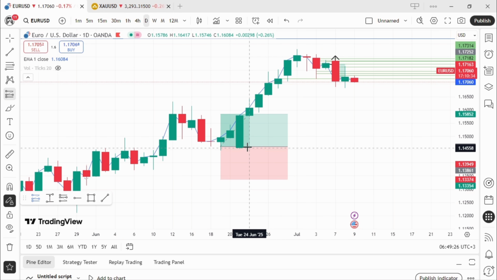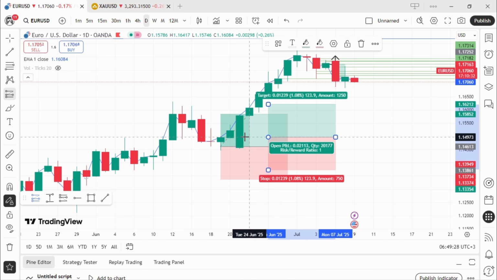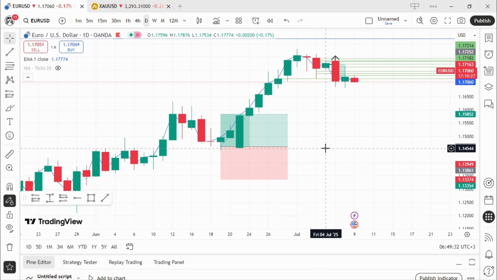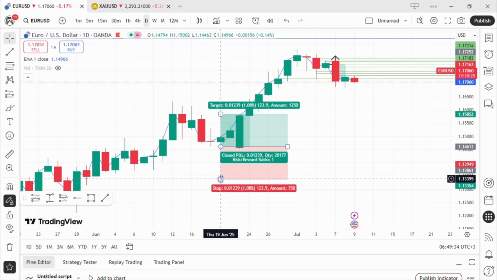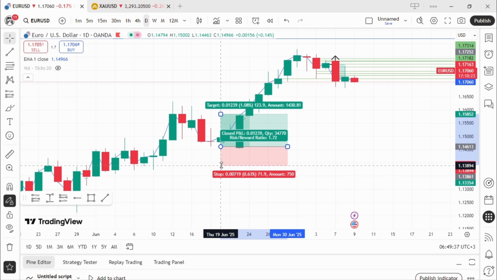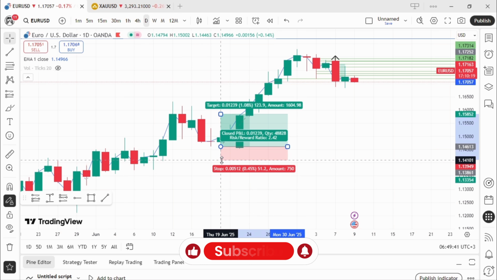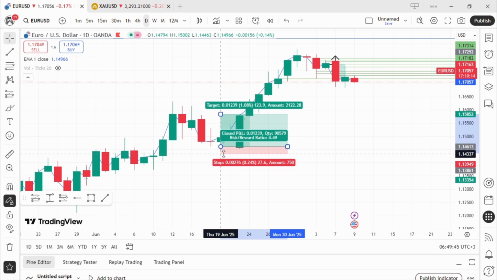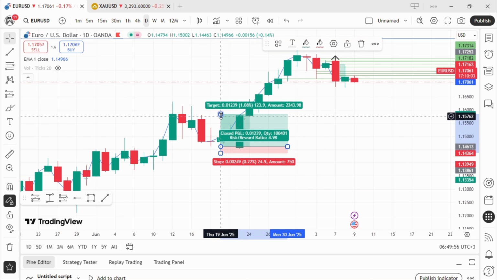You just put it to where your entry is, and then if maybe you want to do 20 pips stop loss, you adjust. Its units are in points, they are not in pips.